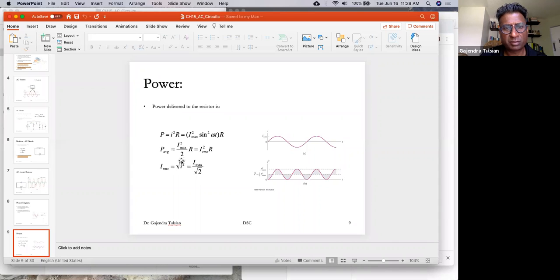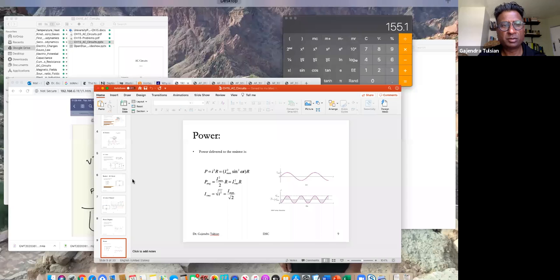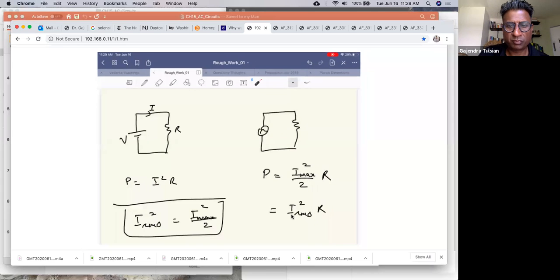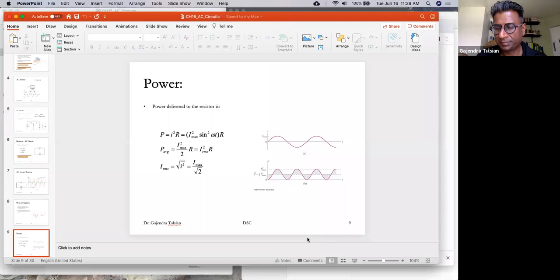So that's where the root comes from. IRMS is root mean square, and that turns out to be I max by root 2. Again, the whole point is just so you have an expression for the power delivered that looks exactly like that for the DC circuit. That's how come we define IRMS values.